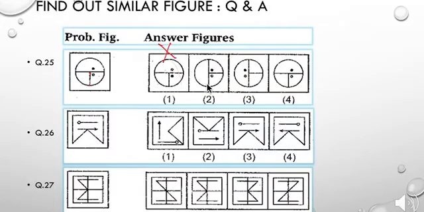Let's check the next design, whether the horizontal line is present. No, it is not there, so this can't be the answer. In the next option, is the horizontal line there? No, this can't be the answer. In option 4, is the horizontal line there? Yes, it is there, so this could be the answer. Since we already rejected option 1, option 2 and option 3, the only option left is option 4, and that is the answer for question number 25.